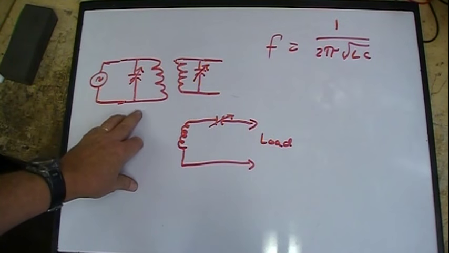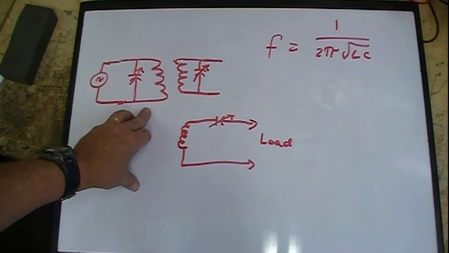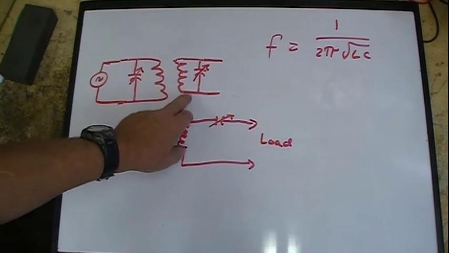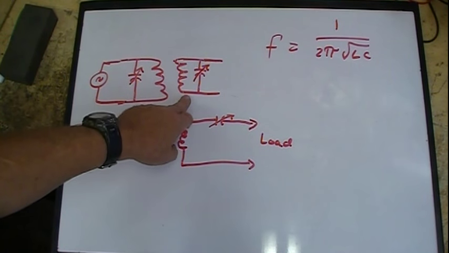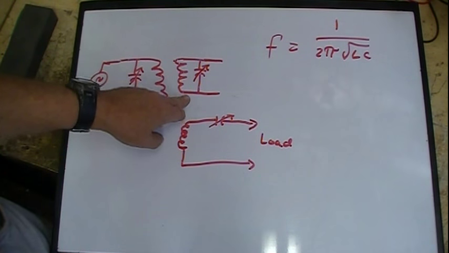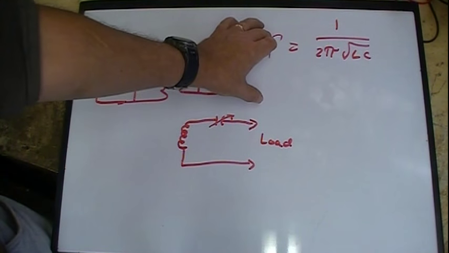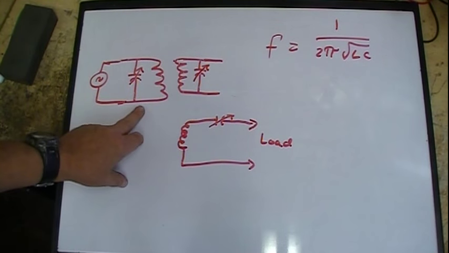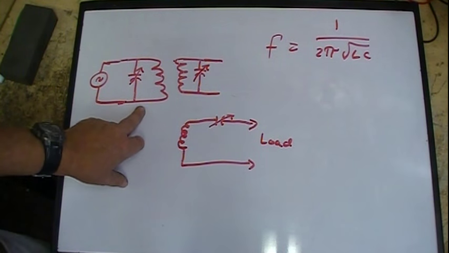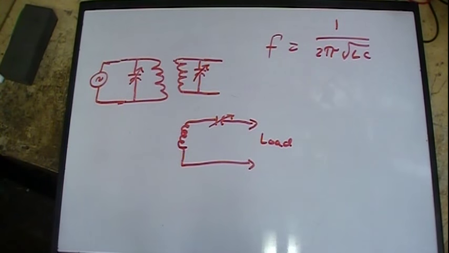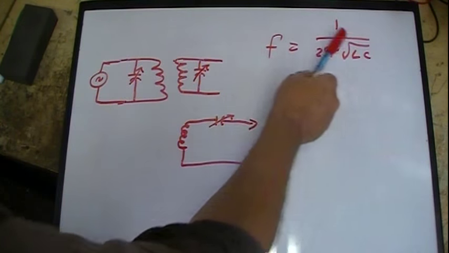This circuit here is actually a fairly low impedance circuit relative to this circuit. This one responds more and will work out better and turn out to be a higher impedance circuit feeding into whatever the load is, whereas this one is actually a lower impedance circuit. But that's the only difference between them. As far as resonant frequency, they're exactly the same.